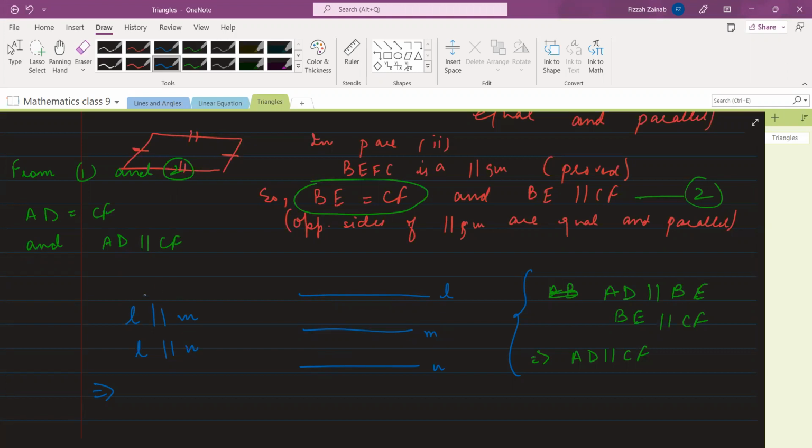So M is also parallel to L and N is also parallel to L. So if they are parallel to the same line, it implies that they are parallel to each other also. Understand? The same theorem is used here, that AD is parallel to BE and CF is also parallel to BE. So that means they are parallel to each other. So we have proved part number 3.